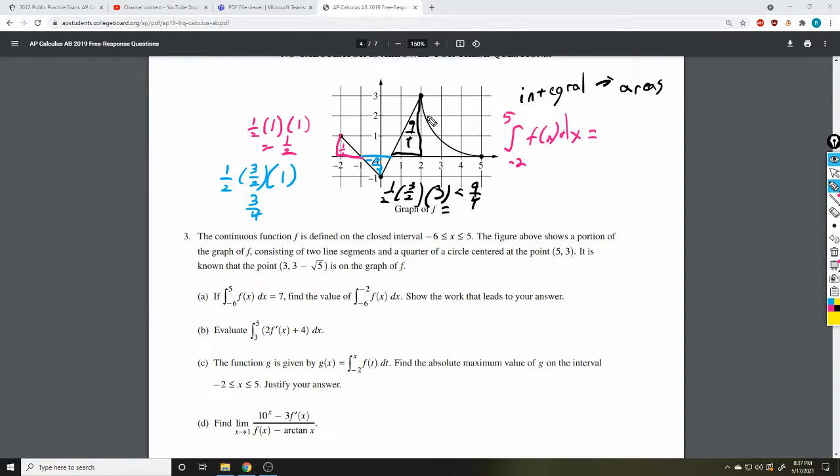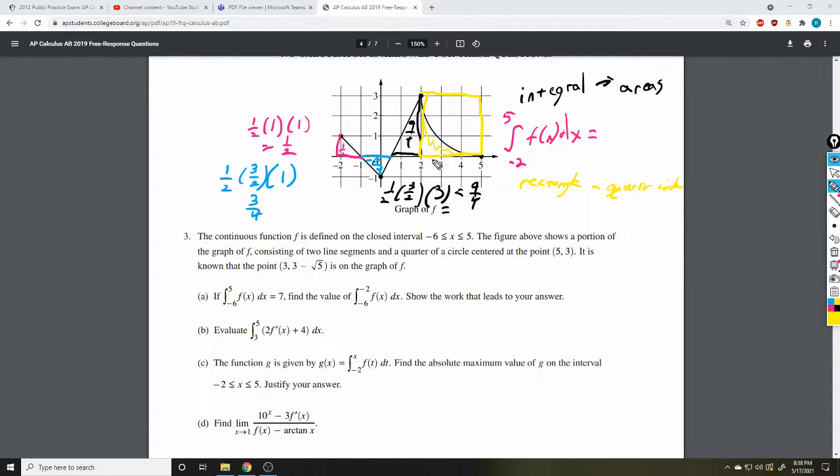And then finally, we want this area right here. Well, if you wind up with circles or semicircles or quarter circles, the easiest way to do areas here is by taking a rectangle, putting a box around it, and then subtracting away the circle part that I don't want. So that's going to be rectangle minus quarter circle.